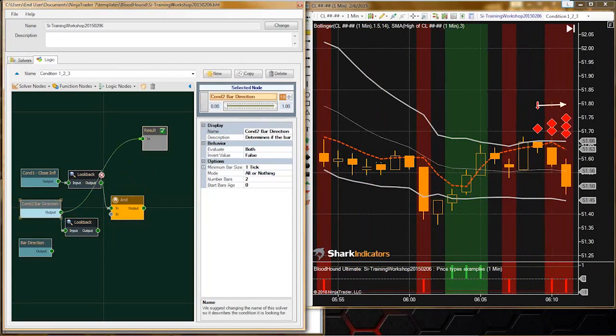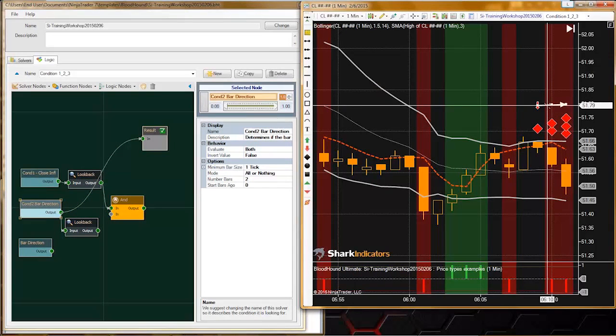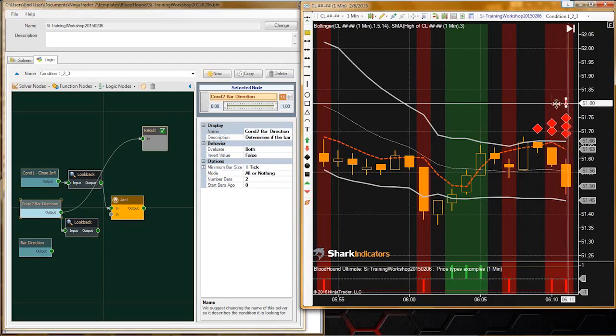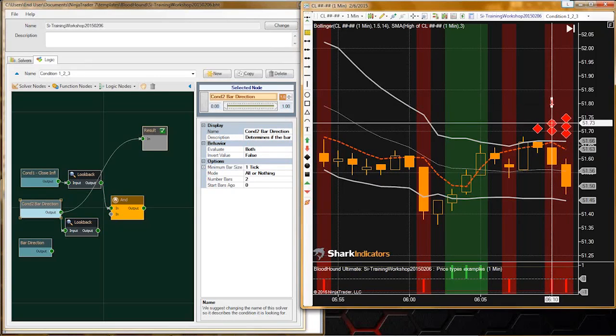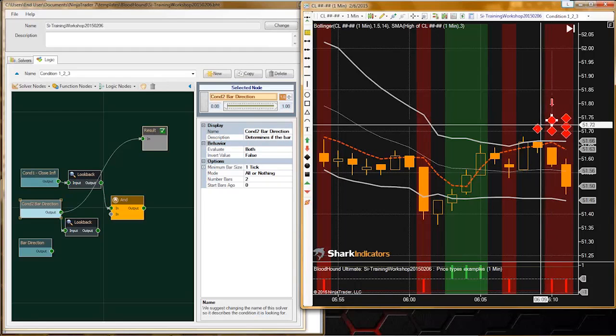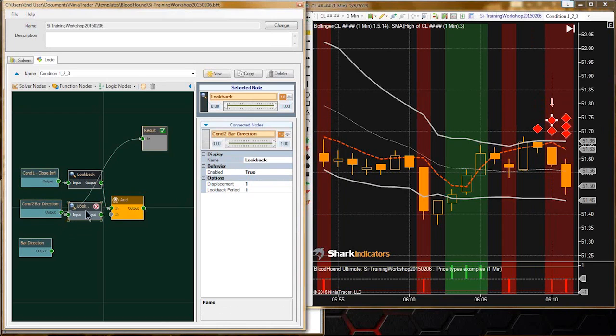Alright, so if we look at just the solver's output, there we go. Our signal starts here. So actually we have the signal on these two bars, but we can see that the short signal starts on our second condition marked bar. And then if we take a look at the look back, well, let's set this up first. Let's set this to, let's see, 1. Actually, 1's correct. Yep. So the displacement of 1 is correct.